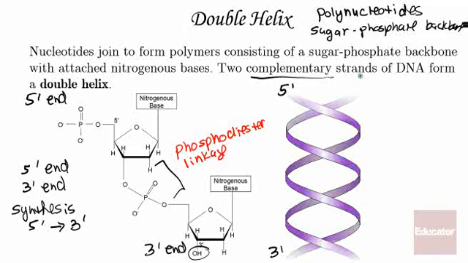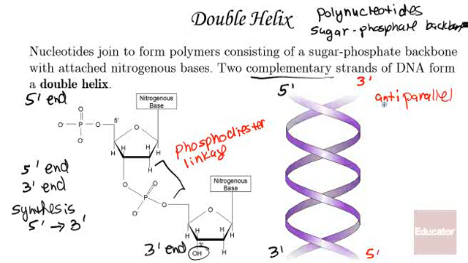The other strand is going to have the opposite orientation, where it starts with the 3' end up here and then ends at the 5' end down here. So we say that these two strands are anti-parallel. So they are complementary and they are anti-parallel. So the 5' to 3' versus 3' to 5' explains anti-parallel.